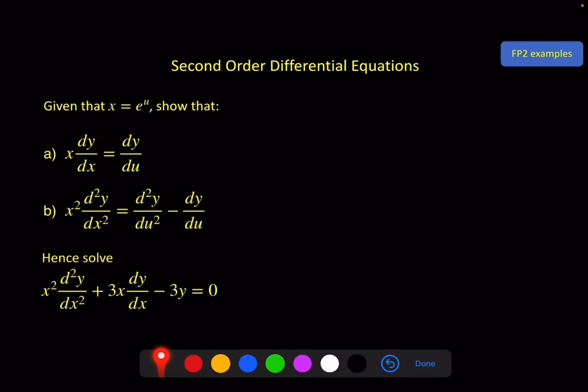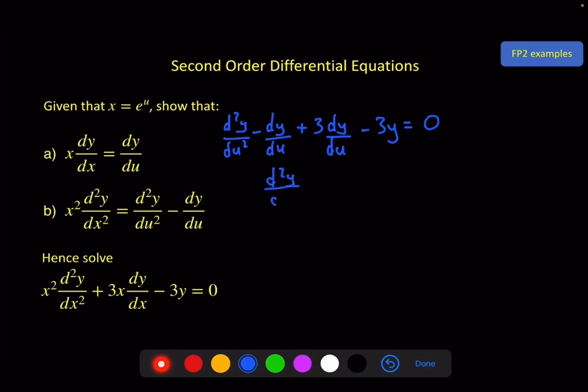So substituting these in, we're going to have d2y by du squared minus dy by du in place of this first term here, plus 3 lots of x dy by dx, which we know is dy by du from part A, minus 3y is equal to 0, and the two middle terms can add together.